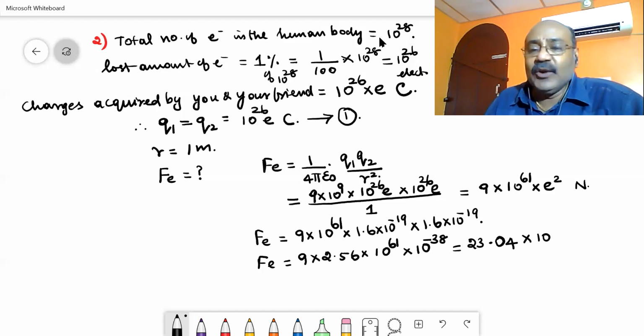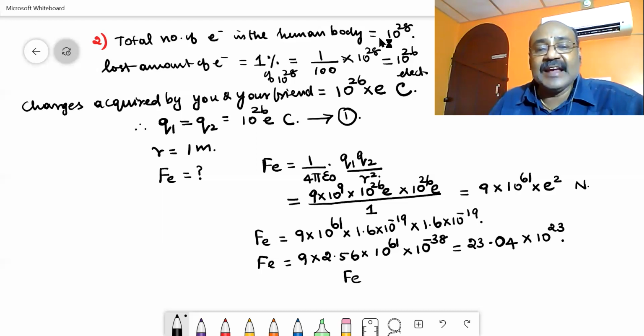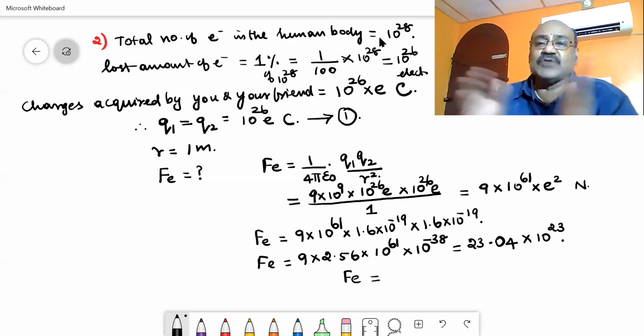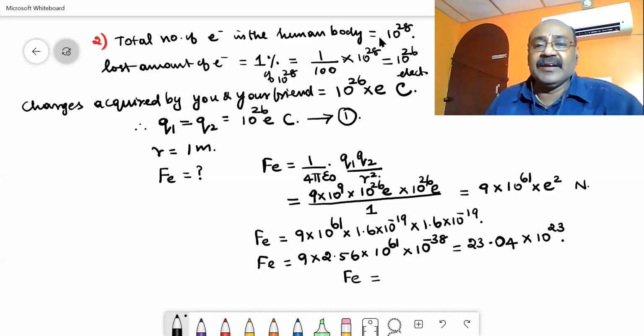What is the value of 61 minus 38? You will get it as 23. So the electrostatic force between you and your friend is equal to 23.04 into 10 to the power of 23 Newton.